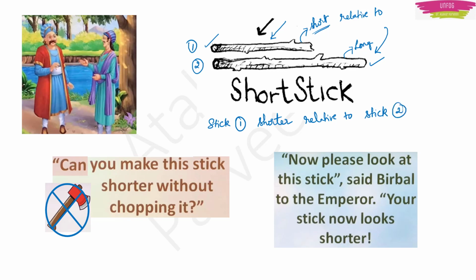If I want to make stick 2 also shorter, I can place another lengthier bamboo stick here and then say that stick 2 is also shorter. If this is stick 3, then stick 2 is shorter relative to stick 3. Correct? So this concept is known as relativity, given by Einstein. I hope this concept is clear now.